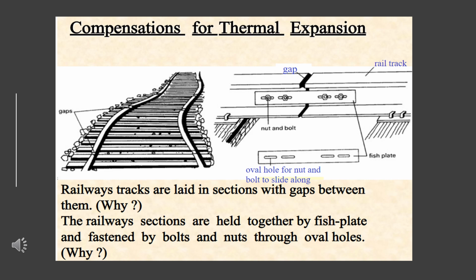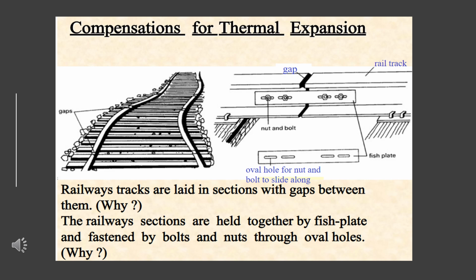Here is one more reason: the railway sections are held together by fish plates and fastened by bolts and nuts through oval holes. This is so that if they expand, the track can just move forward and backward.